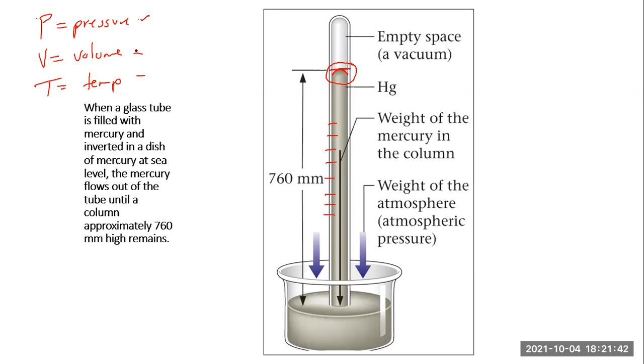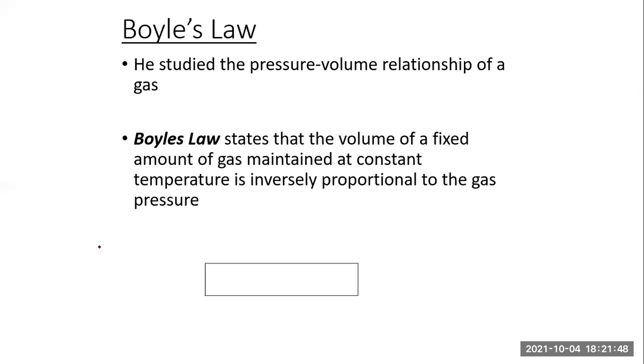So let's talk about the first gas law, which is Boyle's law. And Boyle basically studied the relationship between pressure and volume. So in this case, he looked at pressure and volume, and he held temperature constant.